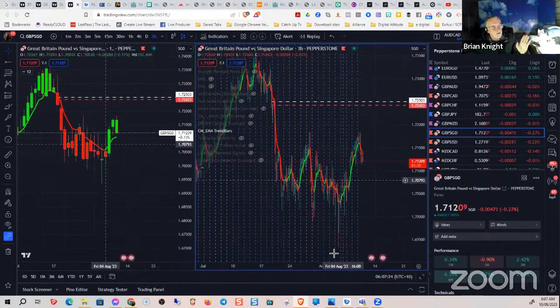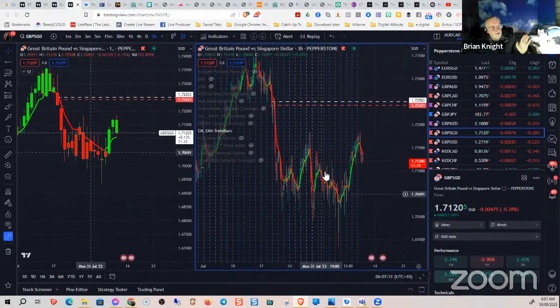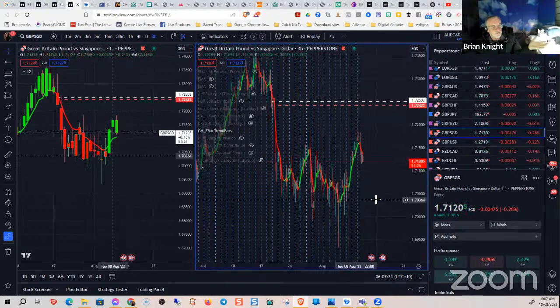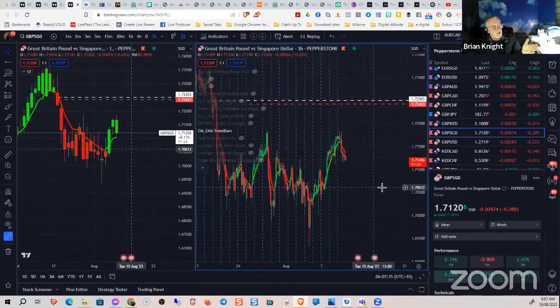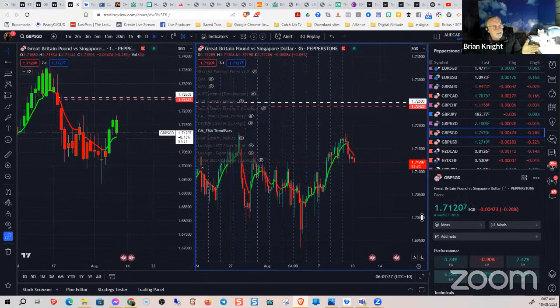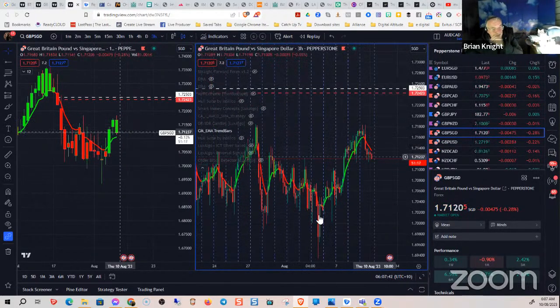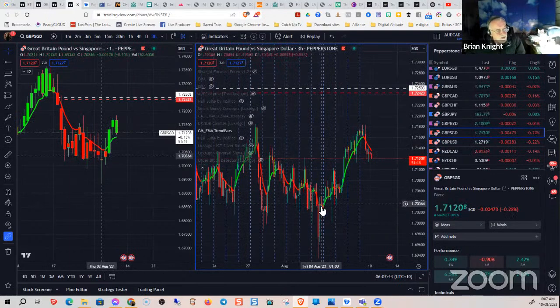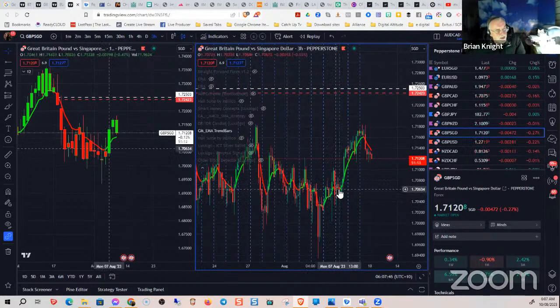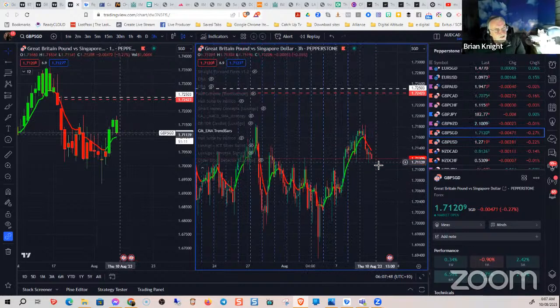After this push down here and then it came back up, it would have been a good idea to get out of that, or even at that point to get into it. So there's a lot more going on with this now, particularly GS. You would be in the trade, out of the trade, in the trade, out of the trade, in the trade, out of the trade, you know what I mean?